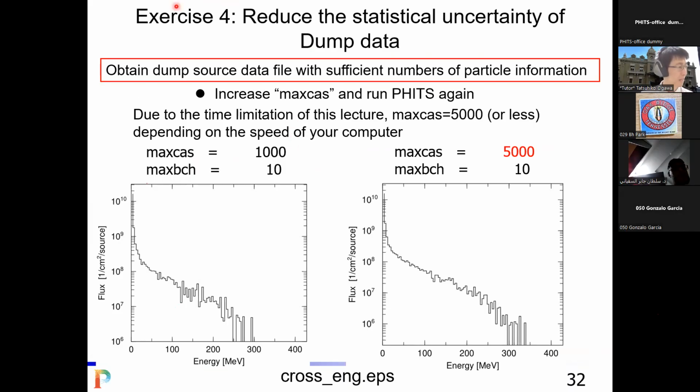Then exercise number 4 is an exercise to reduce the statistical uncertainty of dumped data. To do that, there's no golden way. Please change maxcas from 1000 to 5000.